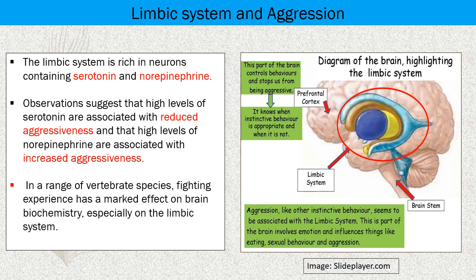Observations suggest that high levels of serotonin are associated with reduced aggressiveness and that high levels of norepinephrine are associated with increased aggressiveness. In a range of vertebrate species, fighting experience has a marked effect on brain biochemistry, especially on the limbic system.